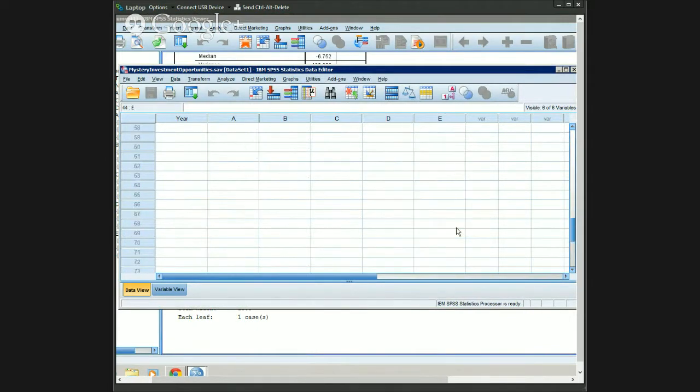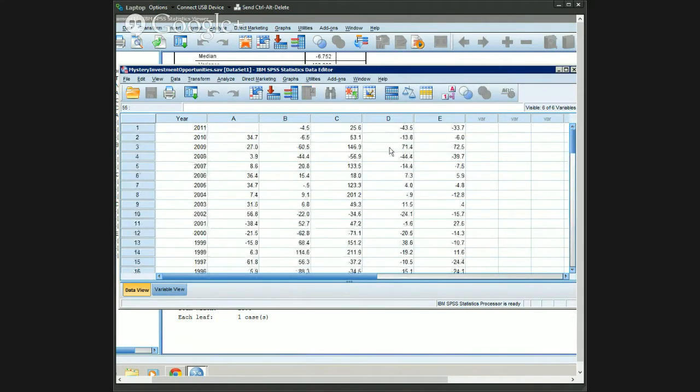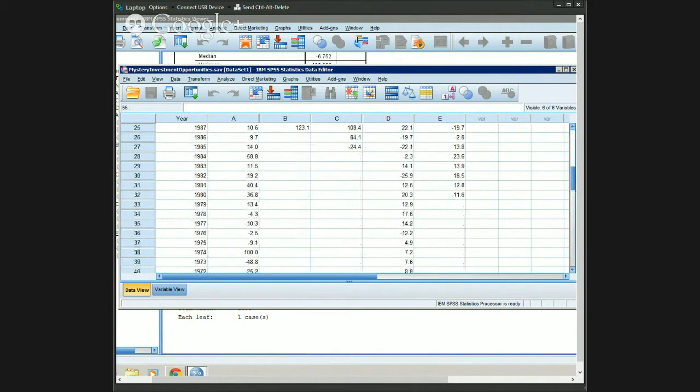So what's D? D would be 49. 48. No, because it starts on 1, doesn't it? It starts on 2. It starts on 1. A is the only one that starts on 2. Oh, 49 years. And E is 32. So 39.